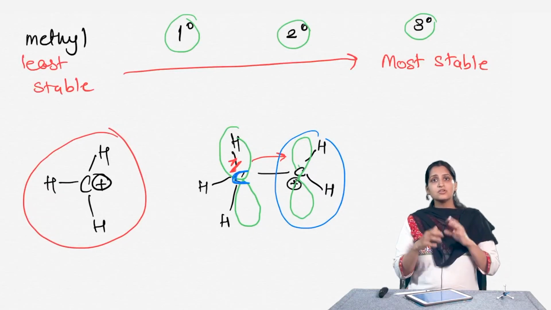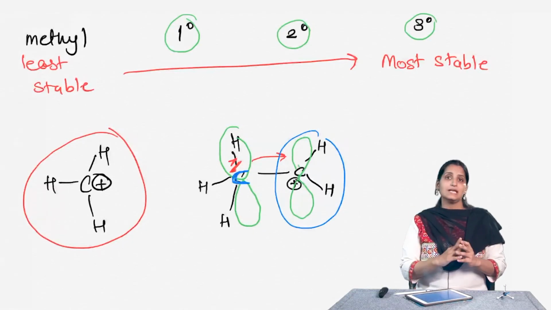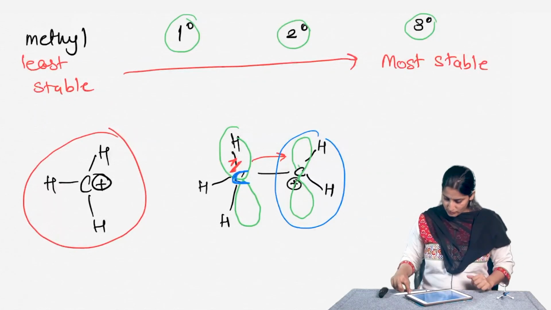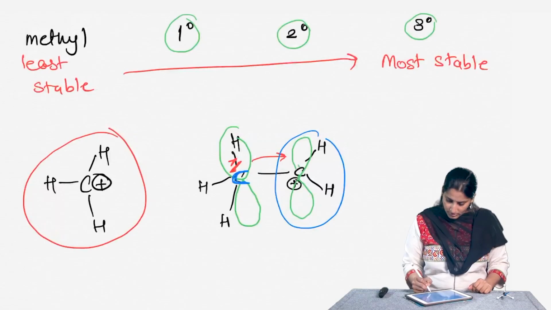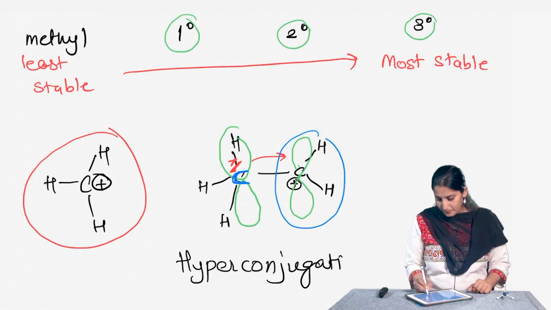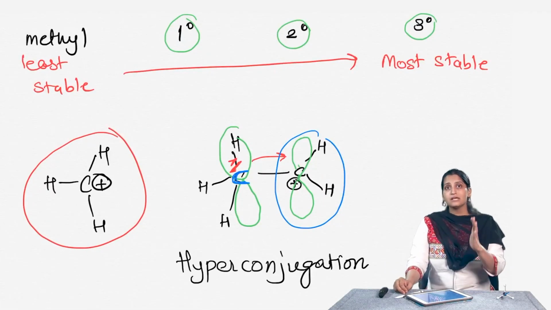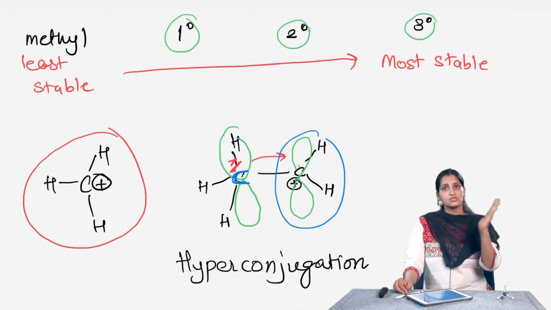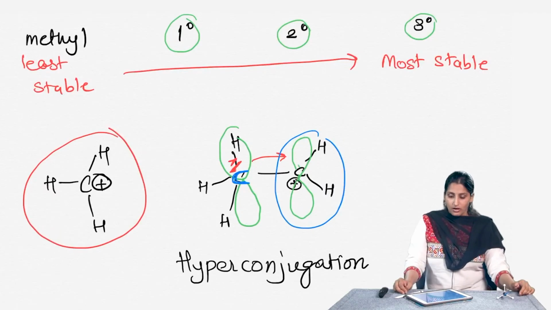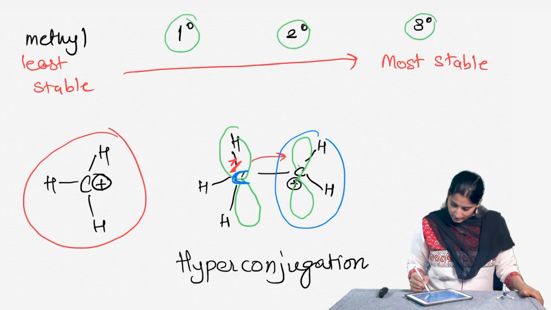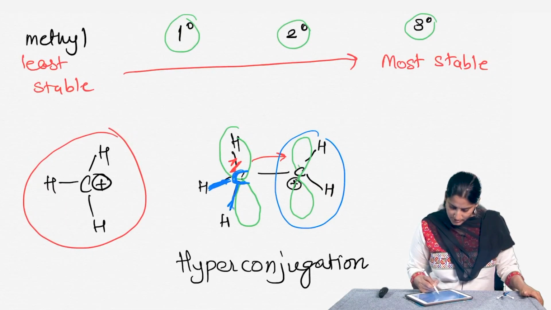So, delocalization of electrons by the overlap of these orbitals is called hyperconjugation. So, we are going to learn a new term here, this is called hyperconjugation. Okay. Hyperconjugation does not mean that we move the electrons all the way, it is just a slight polarization. Now, if you see, this particular carbon here has 3 carbon hydrogen bonds.